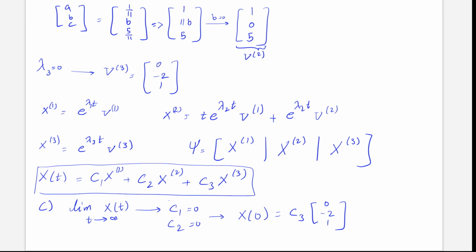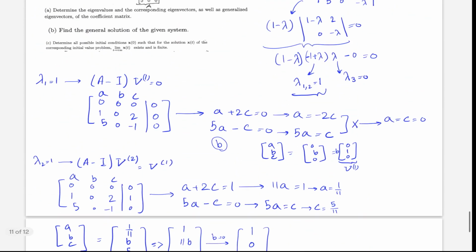Okay, so we found this, and the question says that you need to find all the initial conditions. So c3 also can be anything. So we found the answers to the questions and answered all of this.